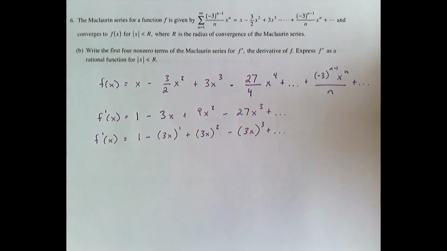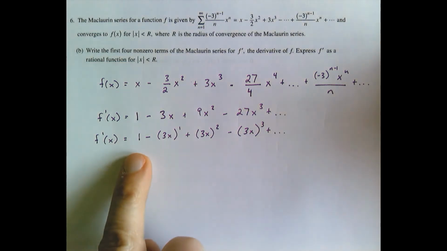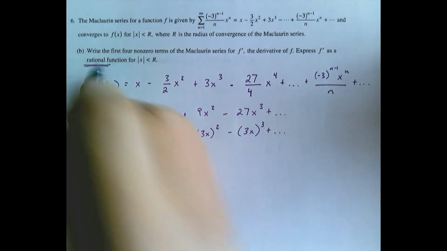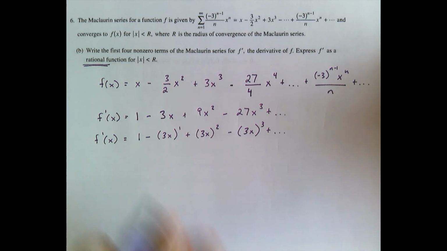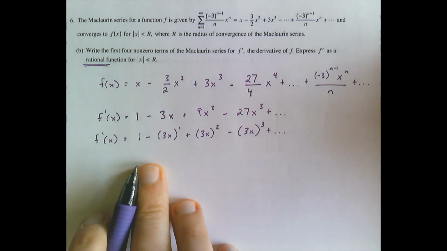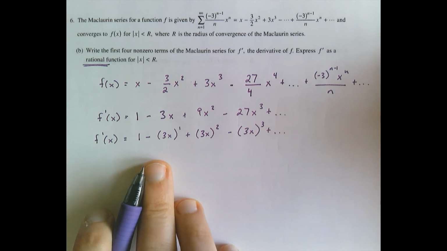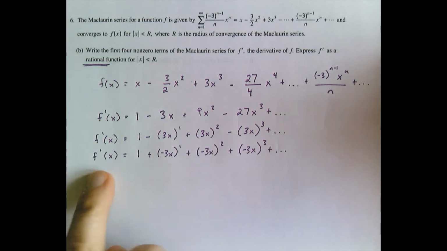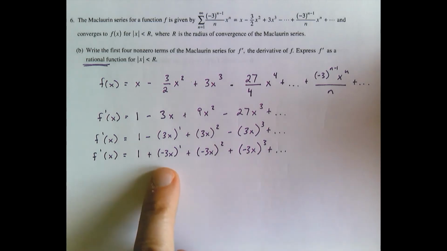And that's going to help us answer the second part of the question, which is to write this as a rational function. What we have is a pattern that we should recognize as one of the ones that I asked you to memorize in class. Rewritten with the negatives inside the parentheses, we have something that is far more familiar.